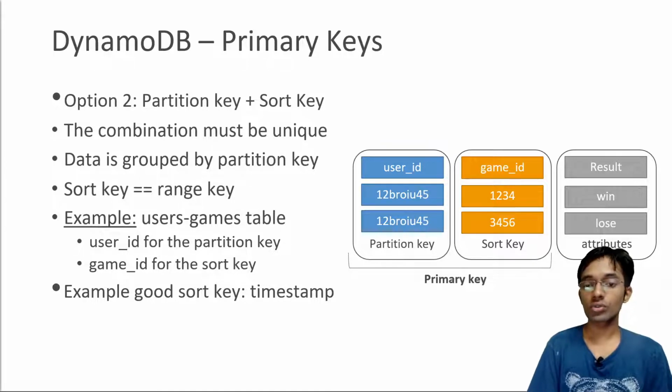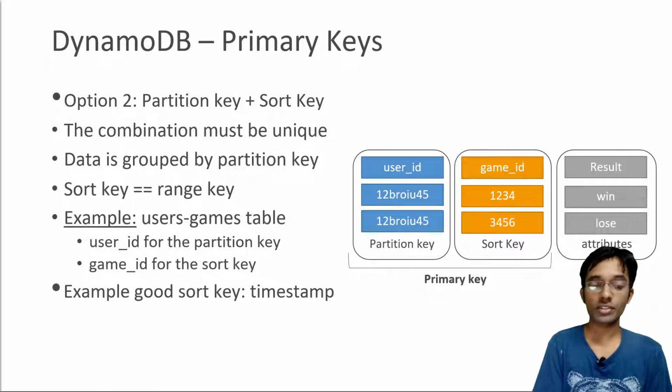So you are trying to describe something that happens over time for a specific user_id. You would choose user_id for the partition key and a timestamp column for the sort key. Here's the example with user_id and game_id: we have the partition key and the sort key together as a composite key. They are unique, and the result can be some attributes.